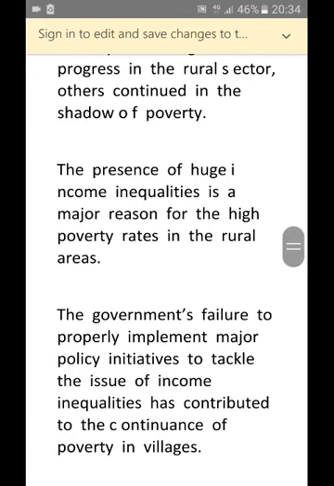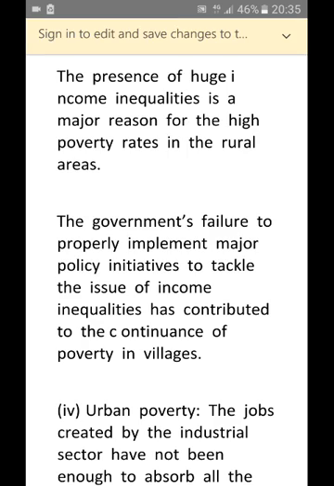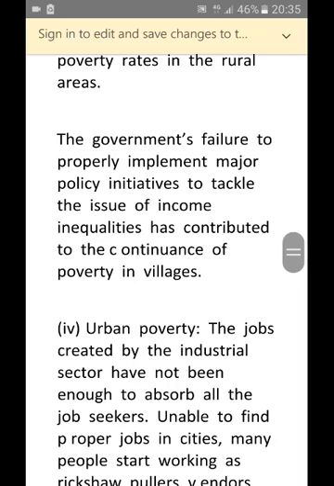The presence of huge income inequalities is a major reason for the high poverty rates in the rural areas. Then the government's failure to properly implement major policy initiatives to tackle the issue of income inequalities has contributed to the continuance of poverty in villages.